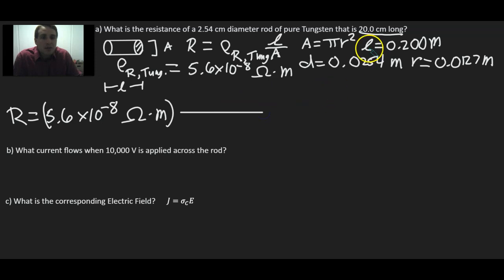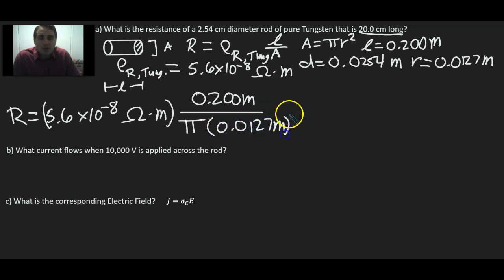So that's going to be 0.200 meters, and then the cross-sectional area is going to be pi r squared, r being 0.0127 meters, and we have to square that.